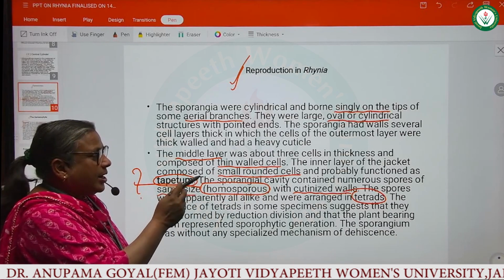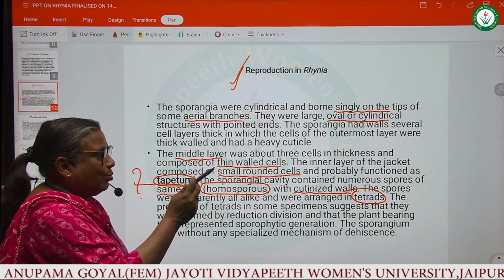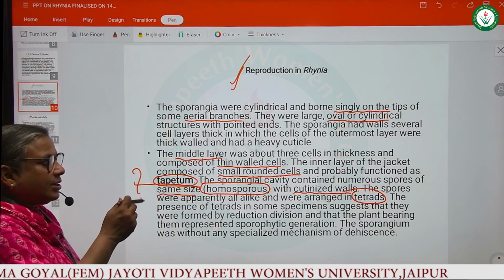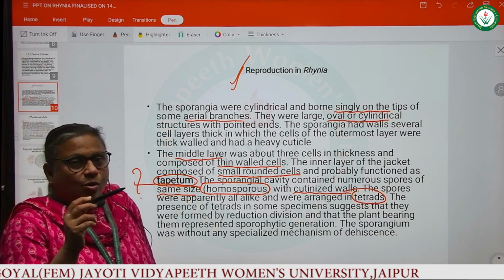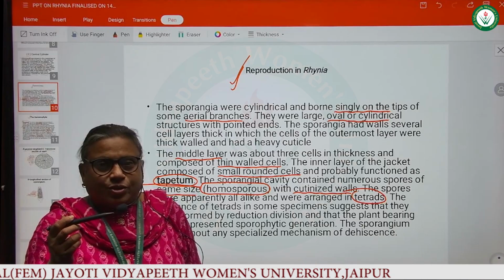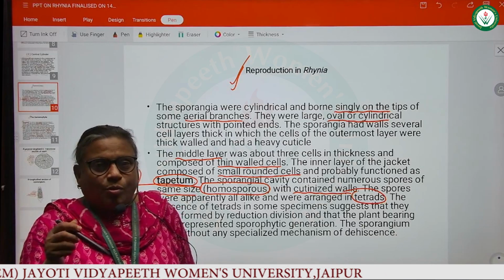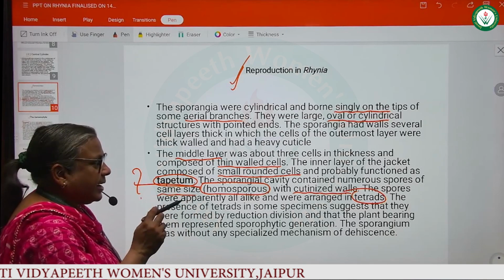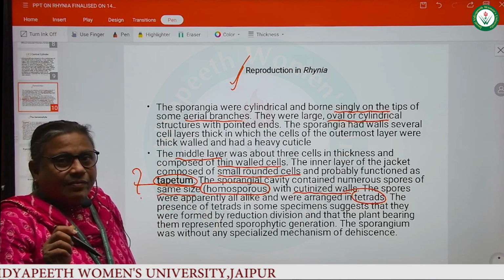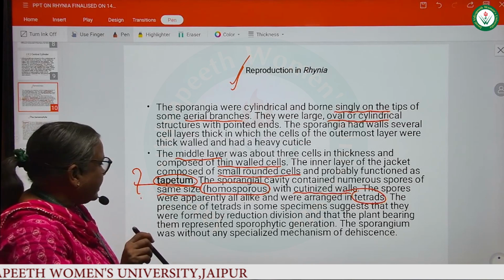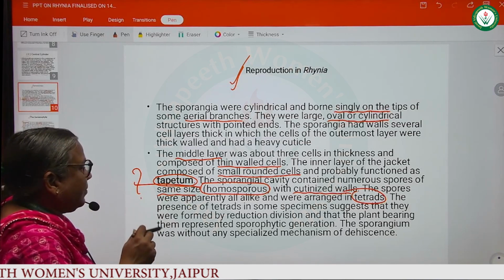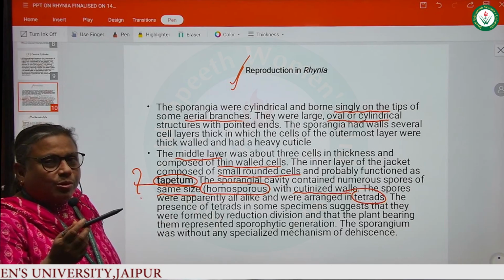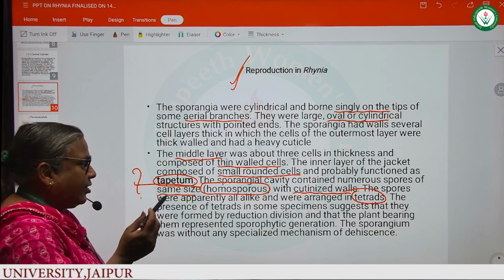The sporangial cavity contained numerous spores of the same size, that is, homosporous. Now students, what do you understand by the term homosporous? It means the spores are of the same size and the spores have cutinized walls. The spores were apparently all alike and arranged in tetrads.